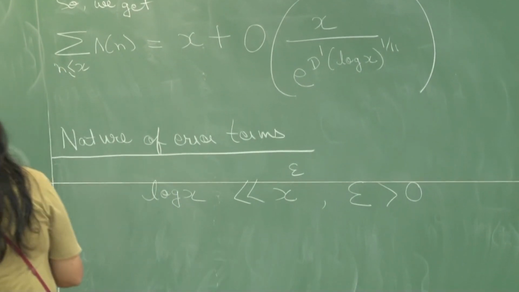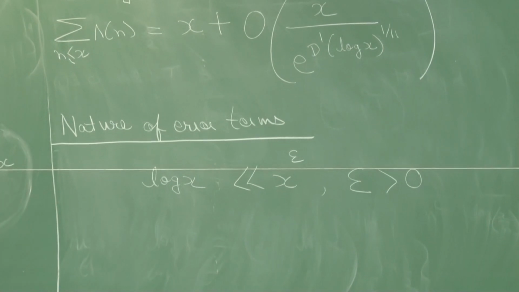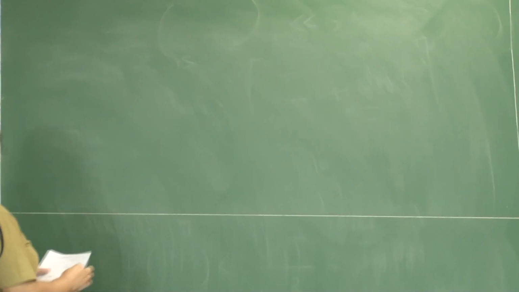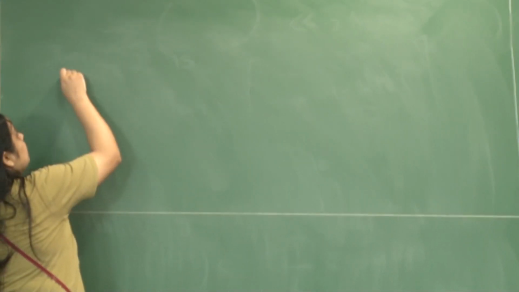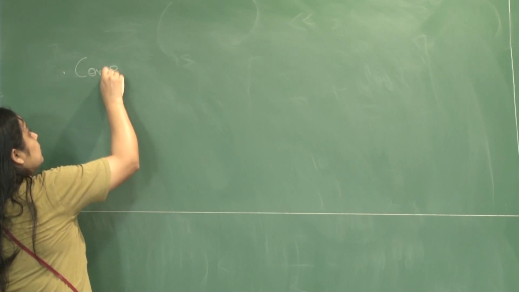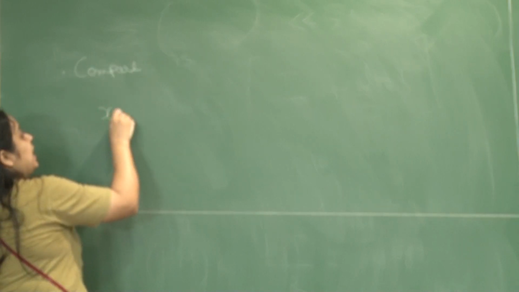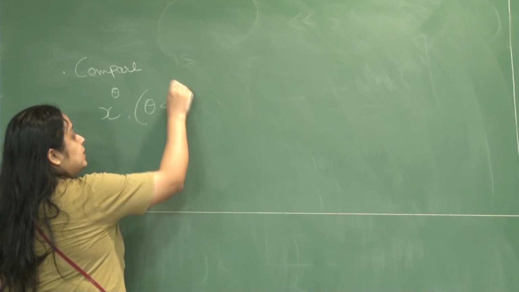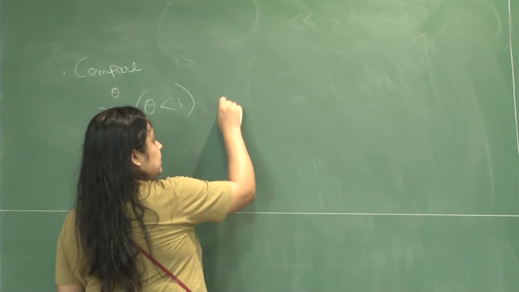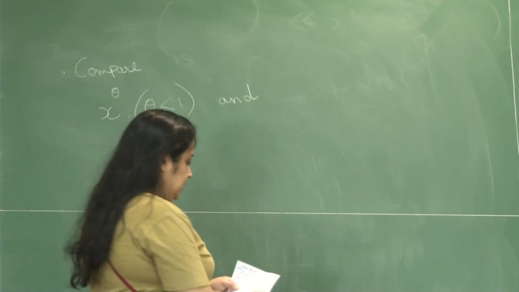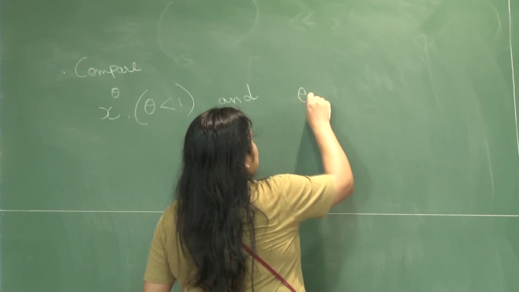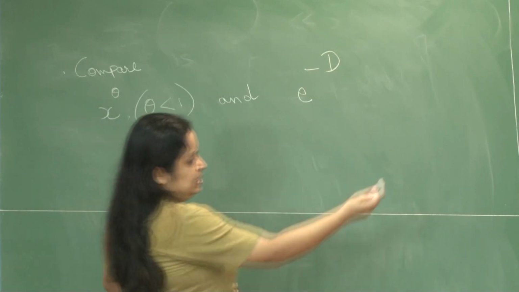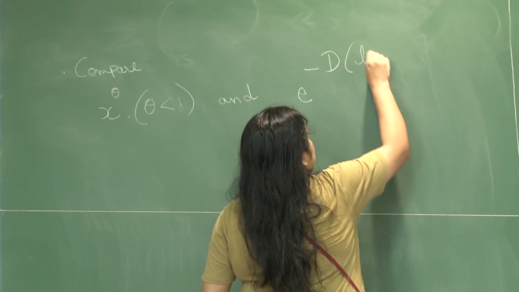What this means is that, suppose I take some x raised to the theta, where theta is less than 1, and let us take e raised to the minus d or d prime as we took here, times log x raised to the kappa.